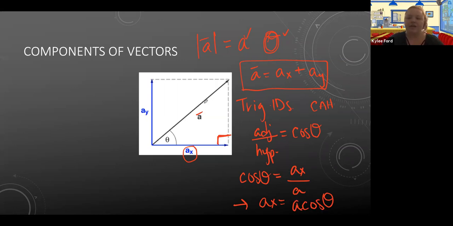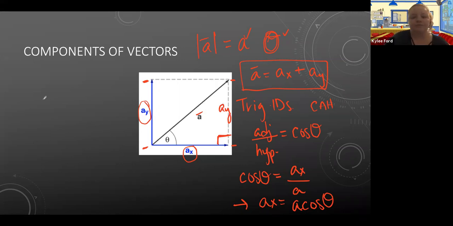And you could do the exact same thing with AY. If you look at this, you can see that from here to here is the same length as from here to here. So we know that this AY is the same as this length, and we can call that AY as well.